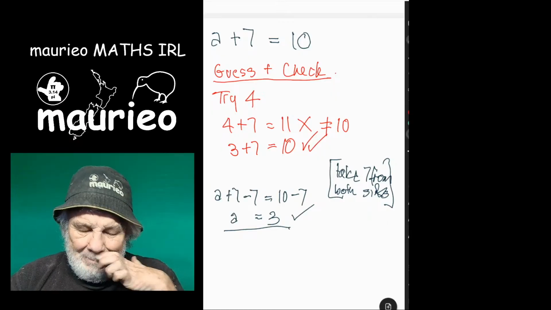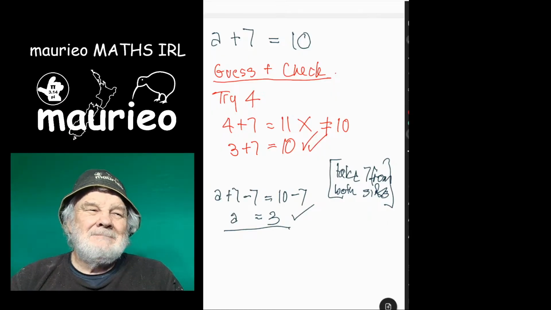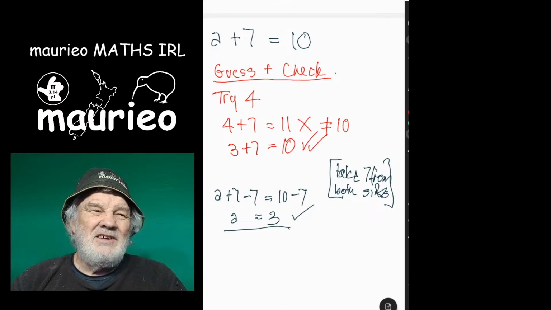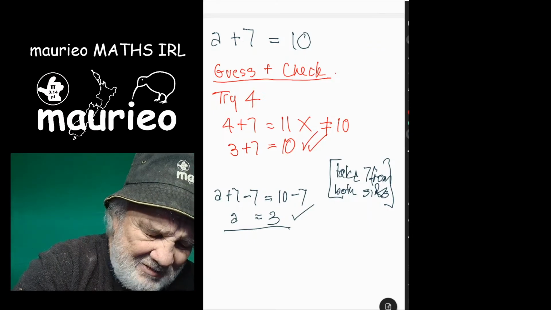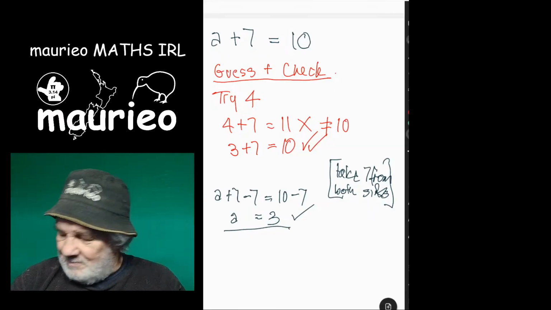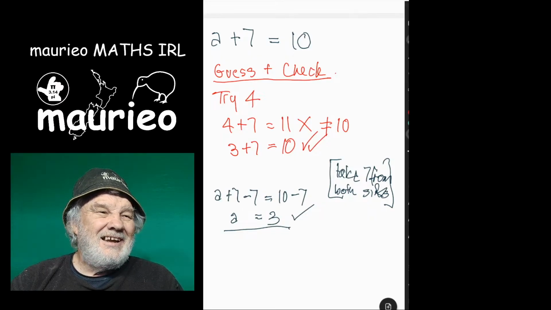So take 7 from both sides, or in mathematics we sometimes say add the inverse, so we add negative 7, but simply you just take 7 off both sides, and there you are.